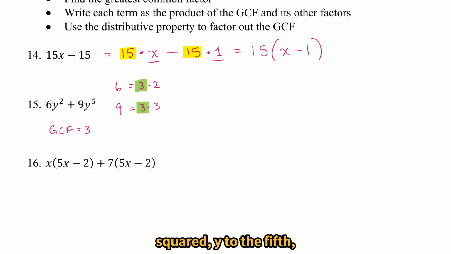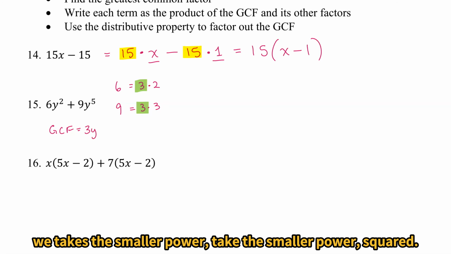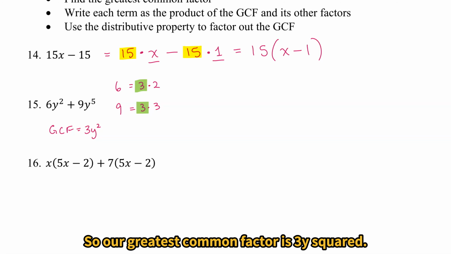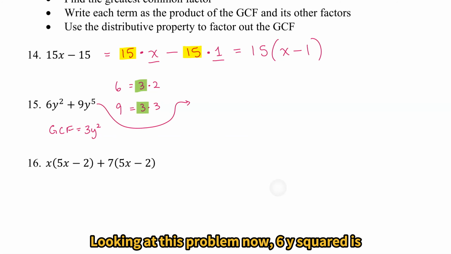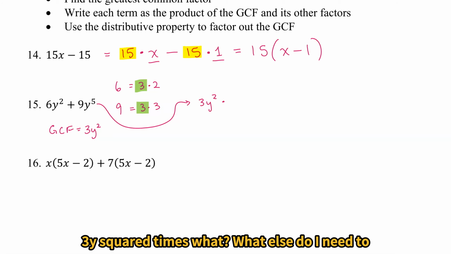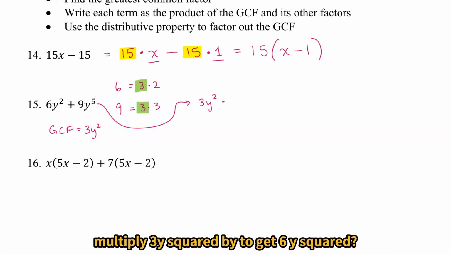And then for y squared and y to the 5th, we take the smaller power, squared. So our greatest common factor is 3y squared. Looking at this problem now, 6y squared is 3y squared times what? What else do I need to multiply 3y squared by to get 6y squared?